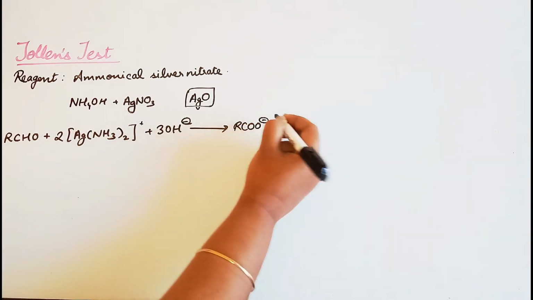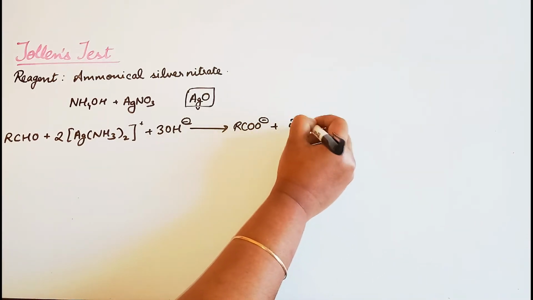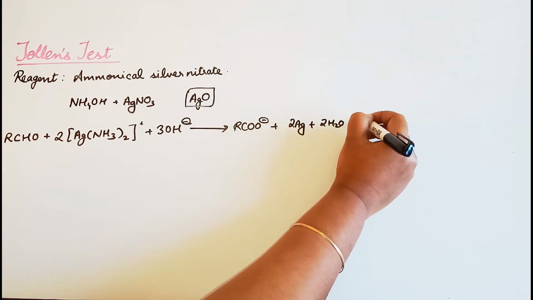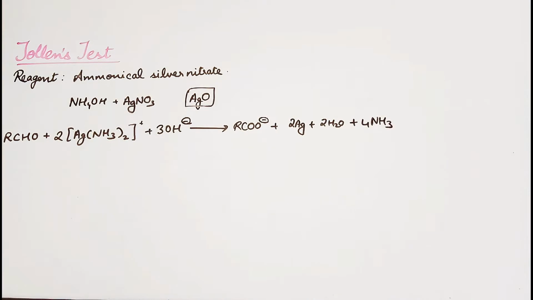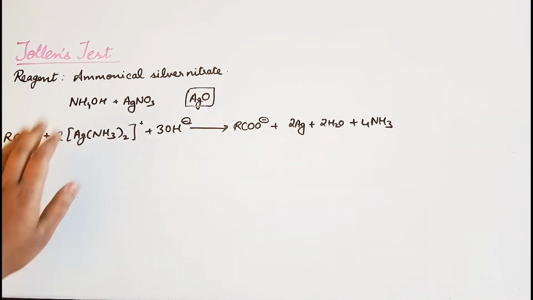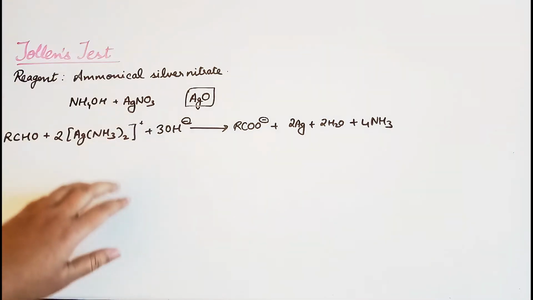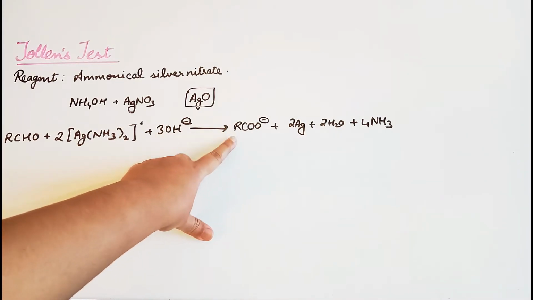RCOO minus plus 2Ag plus 2H2O plus 4NH3. So in this reaction, the aldehyde is reacting with ammoniacal silver nitrate to undergo oxidation to form the carboxylate ion.